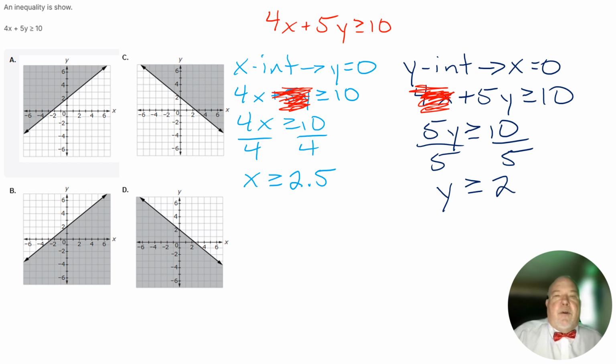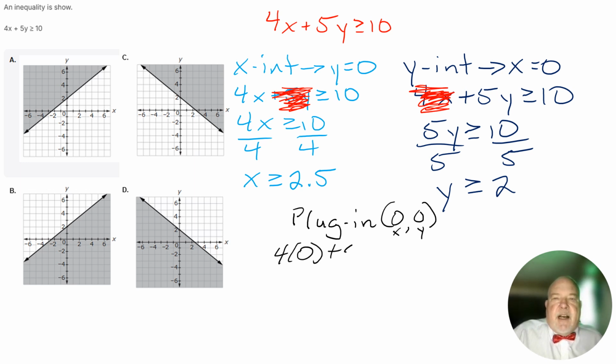This is an x value. This is a y value. So when I plug those into the inequality, I have 4 times 0 plus 5 times 0 is greater than or equal to 10. That's just 0 plus 0. Sorry, that's a 10. So this simplifies to 0 is greater than or equal to 10.